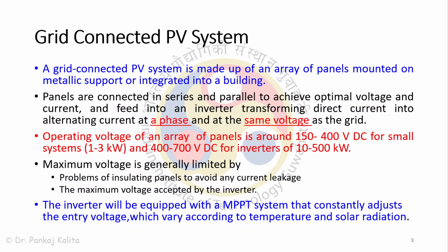Also, the inverter is equipped with an MPPT system, like we studied in the last lecture weeks. The MPPT system is a maximum power point tracking system that constantly adjusts the entry voltage, which varies according to the temperature and solar radiation.